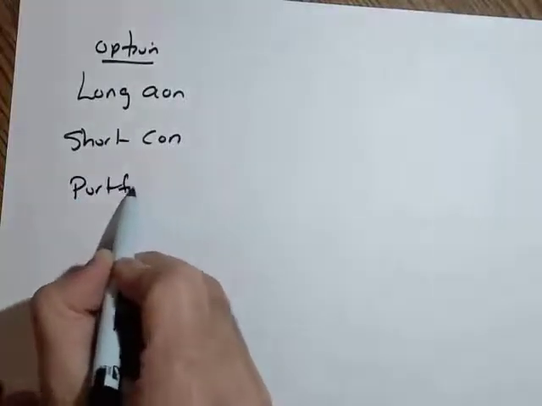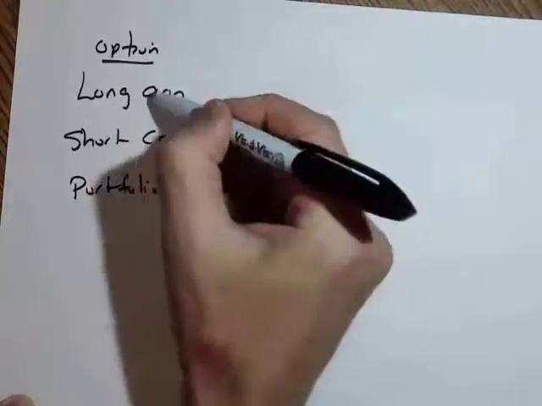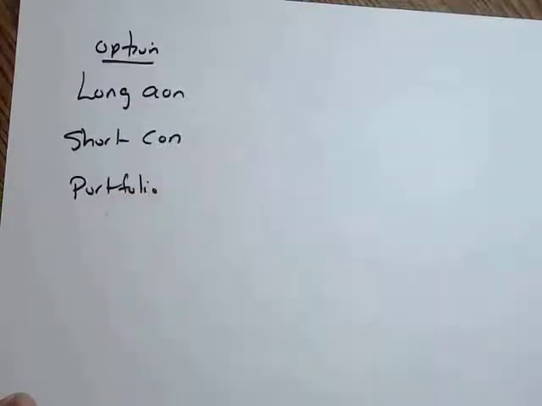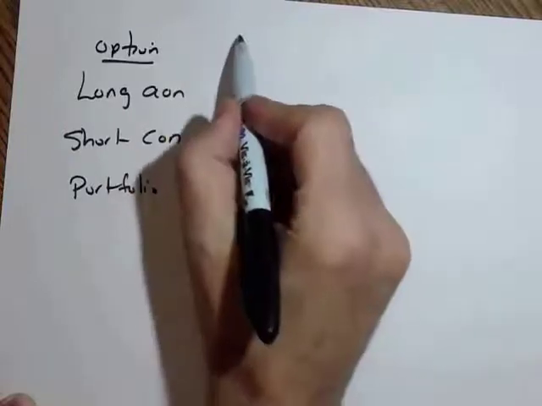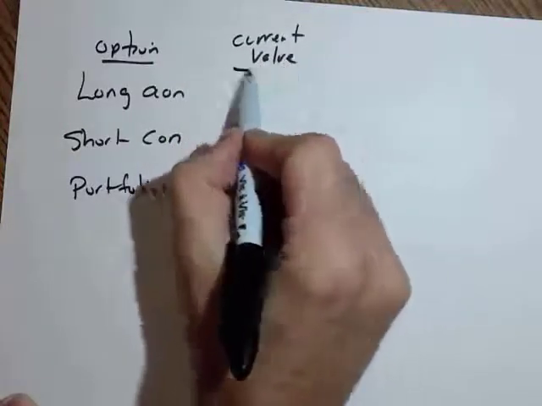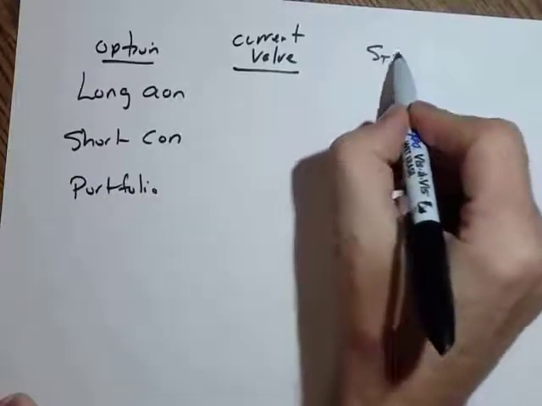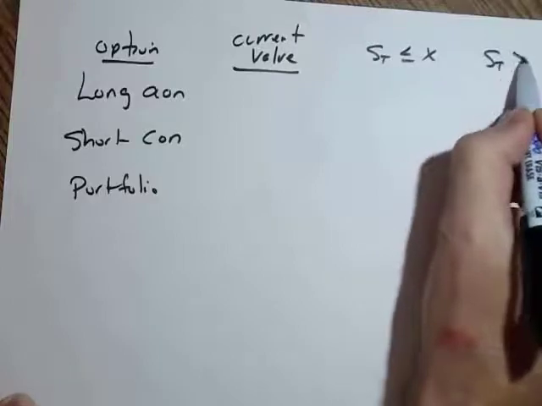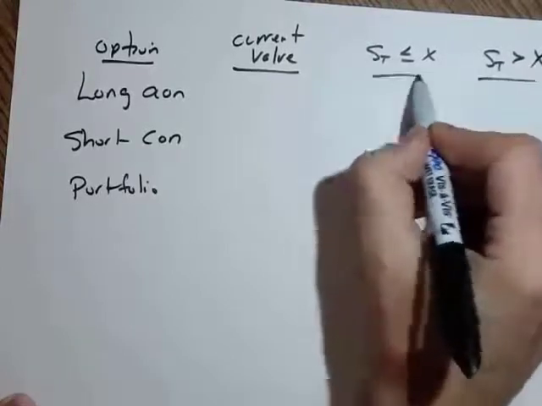What I mean by portfolio is a portfolio of a long asset-or-nothing plus a short cash-or-nothing. Okay, and we're going to look at the current value, and then at what happens when the stock price is less than the strike and when the stock price is greater than the strike.